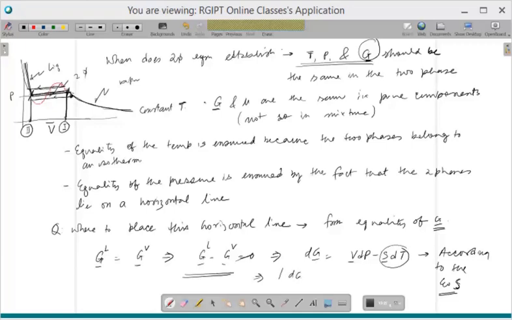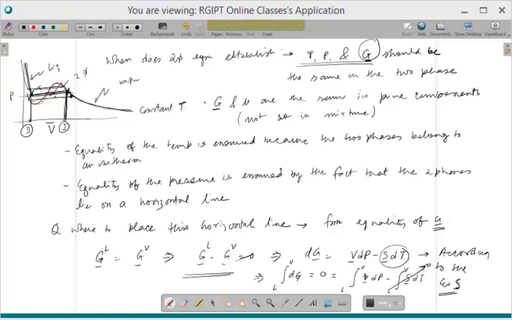So the integral of dG from liquid to vapor should equal the integral of v dP from liquid to vapor minus the integral of s bar dT. I'm constructing this to be done isothermally from the liquid to the vapor state, going from this point to this point following this curve, the isothermal equation of state.